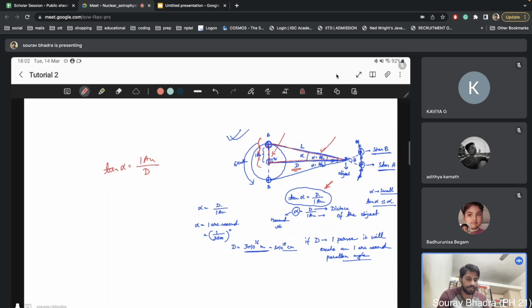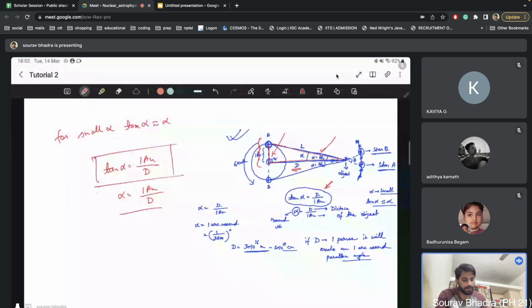Instead, in the last class I wrote tan alpha equals d by 1 AU, which was incorrect. The correct expression is tan alpha equals 1 AU by d, and all the other things are the same: for very small alpha, tan alpha can be approximated as alpha. So alpha equals 1 AU by d.